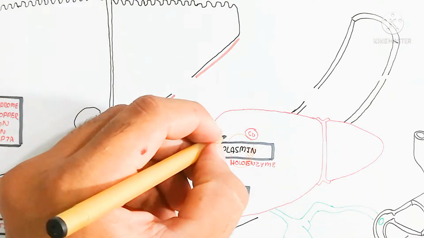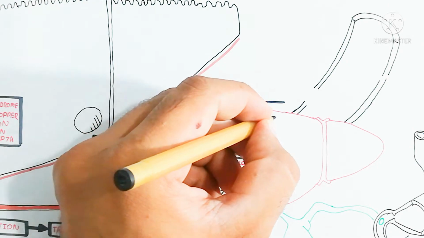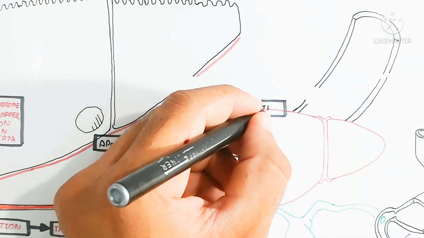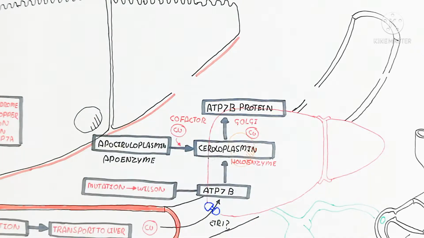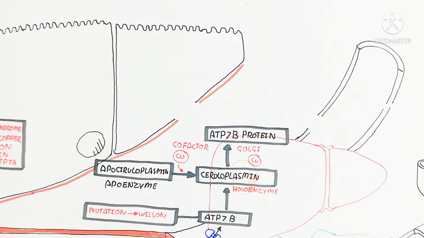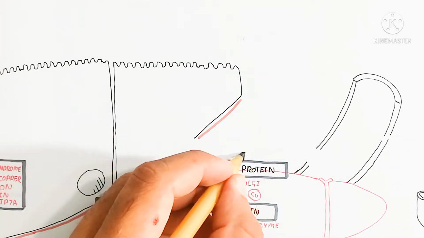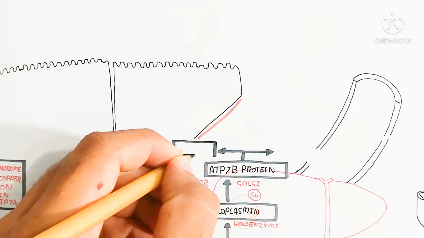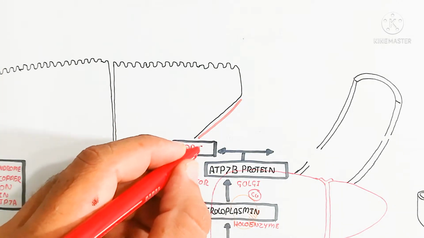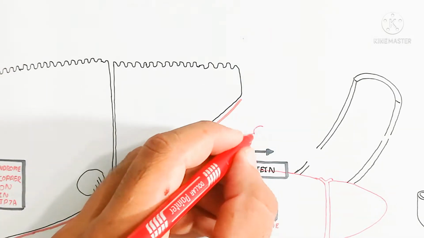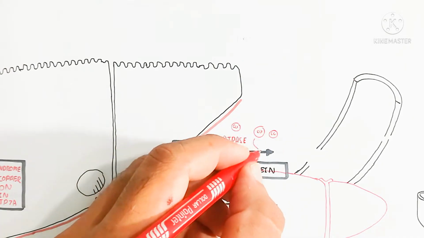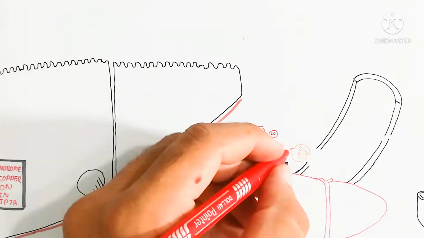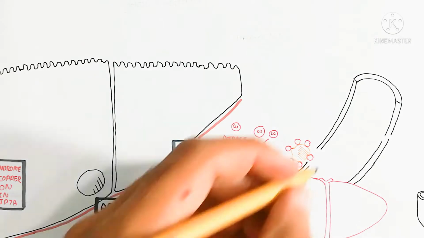This holoenzyme is the mature enzyme, which binds with the ATP7B protein, and dissociation occurs after ATP is converted to ADP and used to further increase the copper. After this, the copper separates from the ATP7B protein and binds with the ceruloplasmin protein, with further copper.